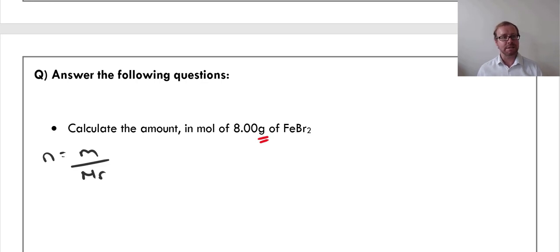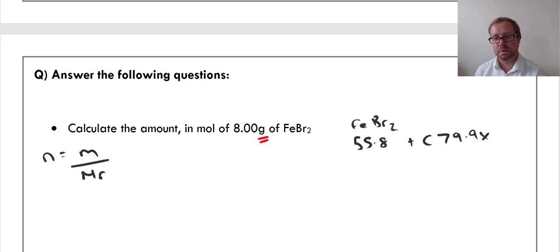I can calculate my Mr by adding up the individual atomic masses for each of the elements in here. So for FeBr2, Fe is equal to 55.8, and I have 1 atom of bromine, 79.9, times by 2, which gives me a value of 215.6.